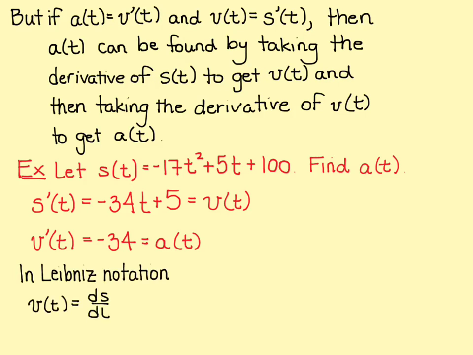In Leibniz notation, if we take the derivative of s once, we write that as ds by dt, and if we take it again, then we're applying d by dt to ds by dt. So notice that there's 2 d's in the top, and there's 2 dt's in the bottom. So we write this as d squared s by dt squared. This is the Leibniz notation for taking the second derivative.